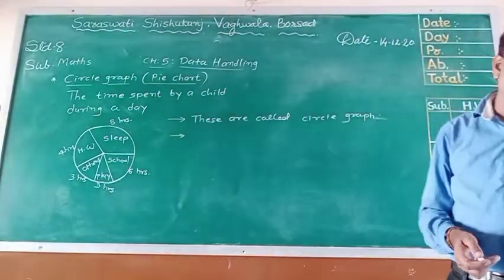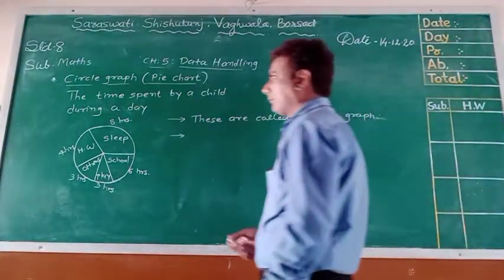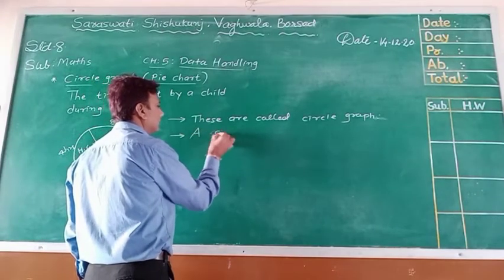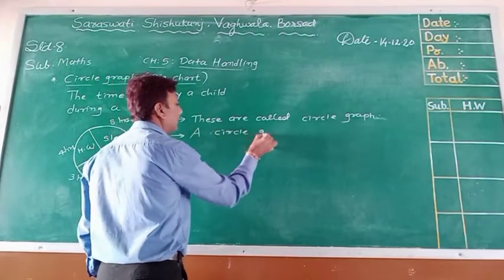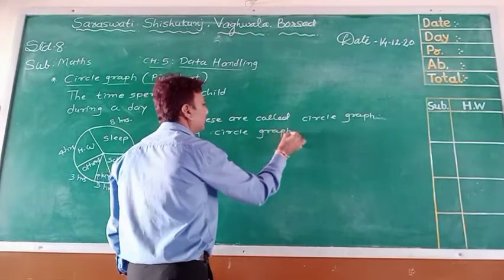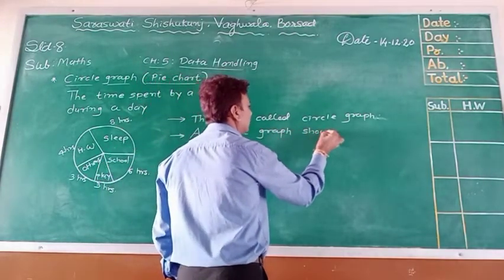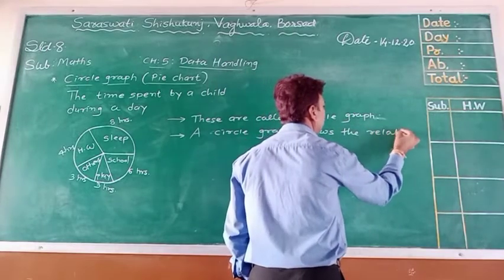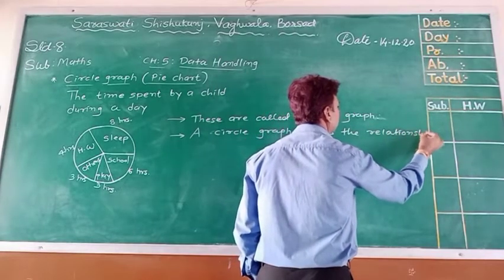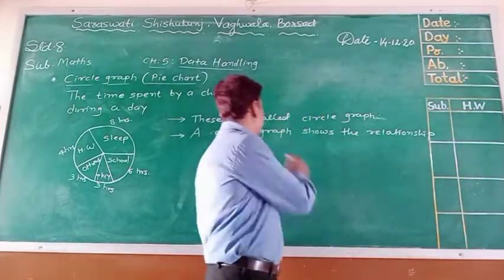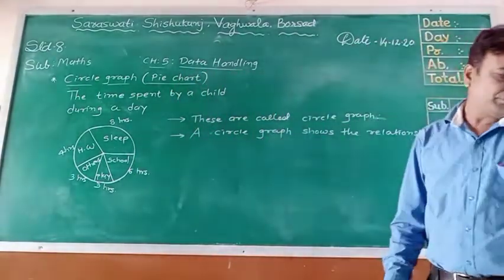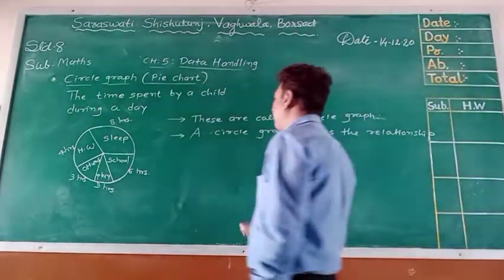A circle graph shows the relationship of a whole and its parts.